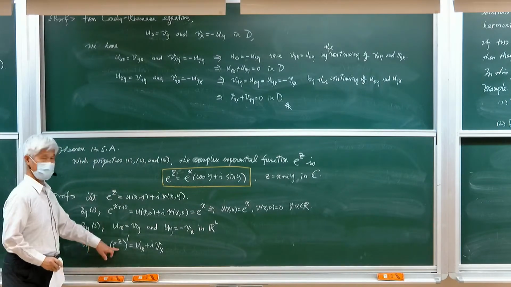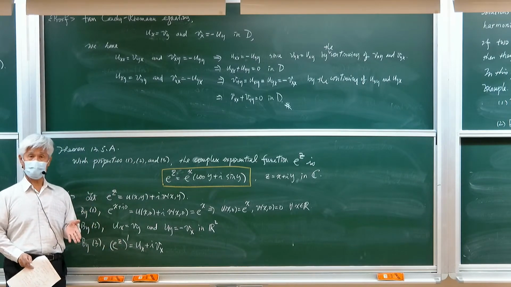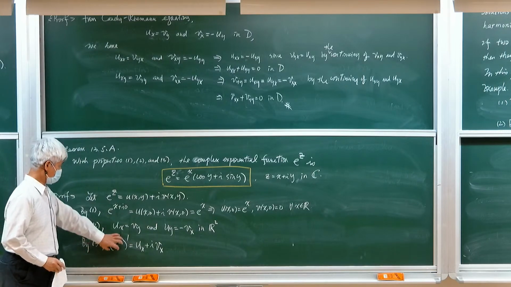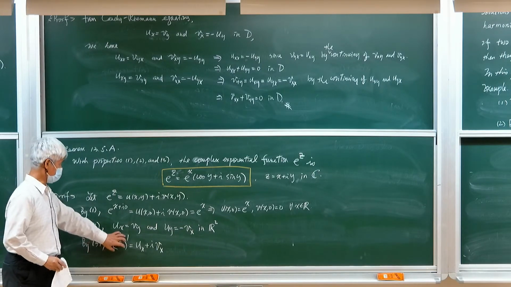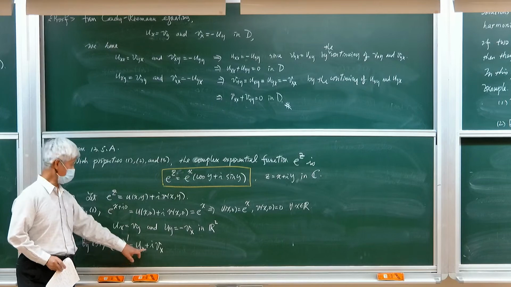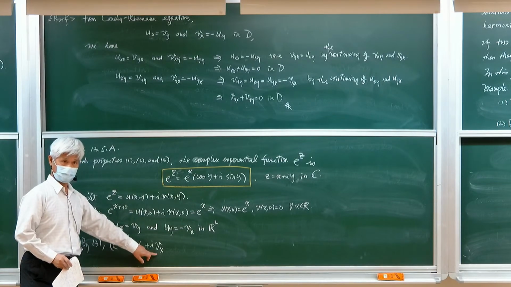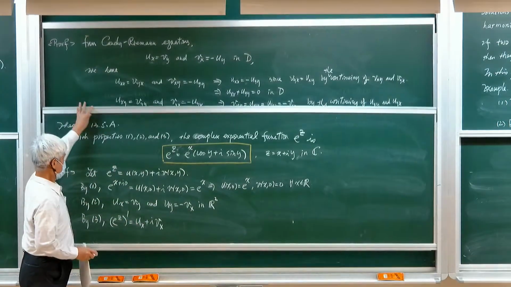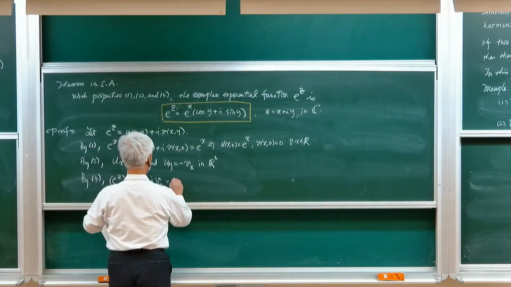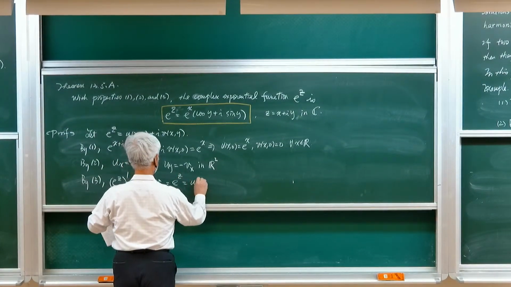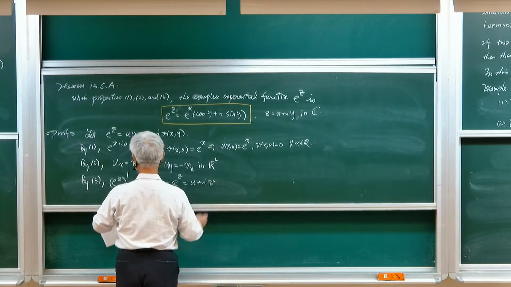From our derivation in the proof of the Cauchy-Riemann equations, we know the derivative of a complex function is equal to Ux plus iVx, right? And as we know, this is equal to e^z, which is e^u and iv.